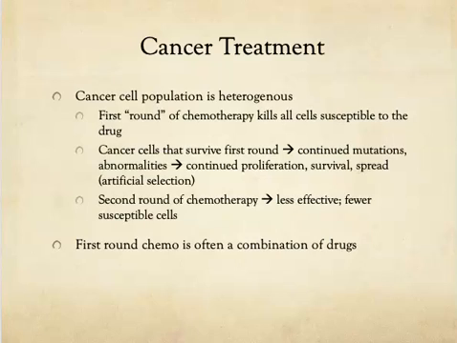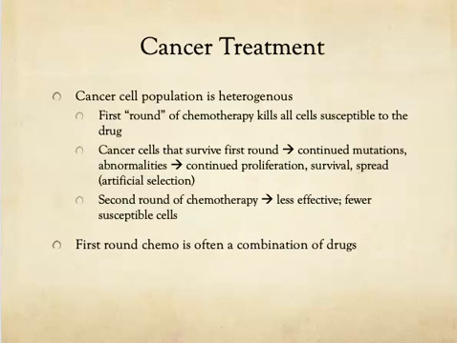Now, what that means is that the first round, if you will, of chemotherapy needs to kill as many cells as possible. In the past, we used to treat the patient with one drug to start with, and that drug would hopefully kill as many cells as possible in the tumor. But it would only be able to kill cells that were susceptible to that one drug.